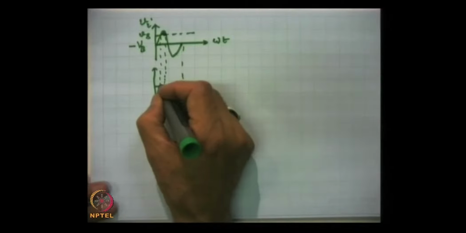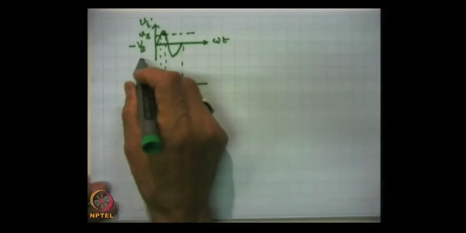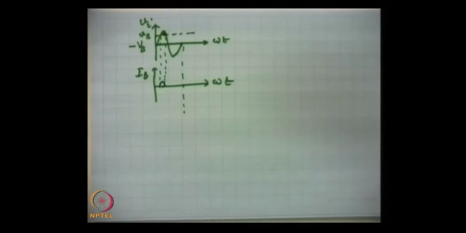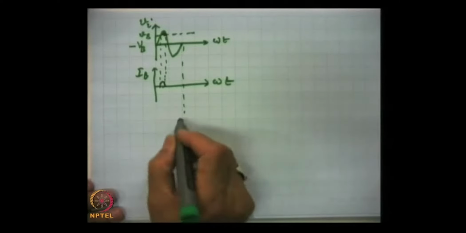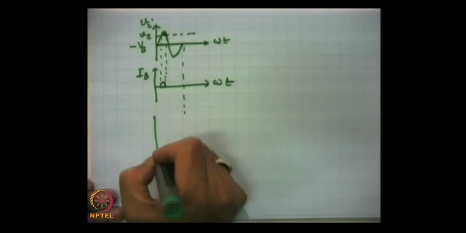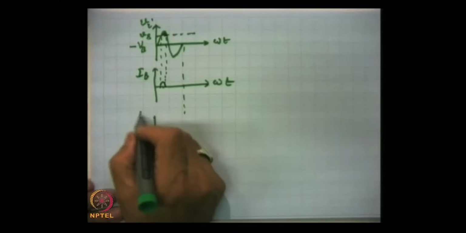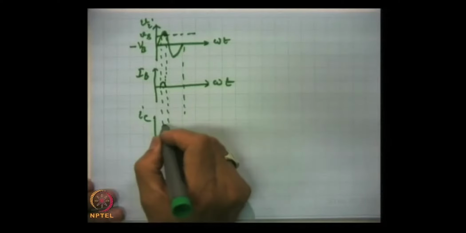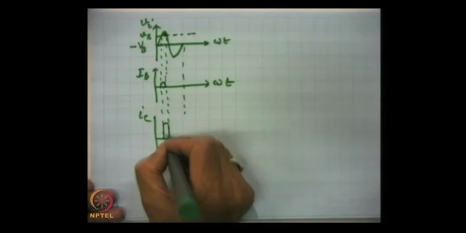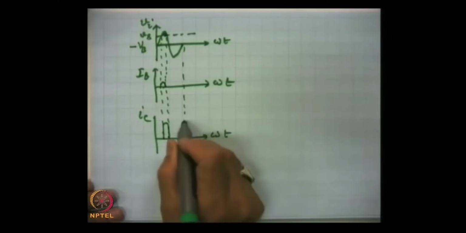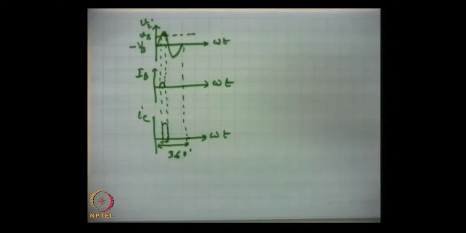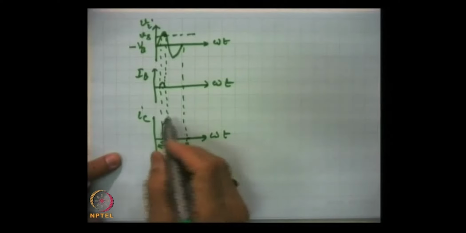So, only here the base current, this is I B, only here it will flow, and this will give rise to this is I C. This is the total period or 360 degrees, and this is the very small fraction, few tens of degrees, for which the collector current is amplified.